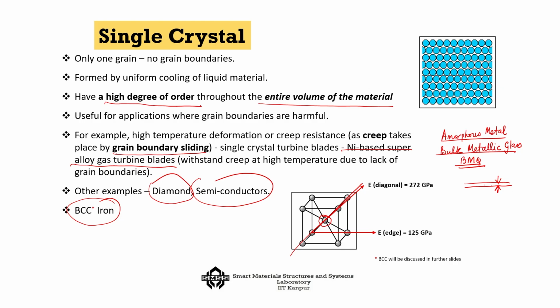So, it has a high modulus of elasticity, something like 272 gigapascal, whereas in any other plane, like these x, y planes, etc., it is 125 gigapascal. So, that shows the degree of anisotropy that can happen because of an entirely crystalline structure.